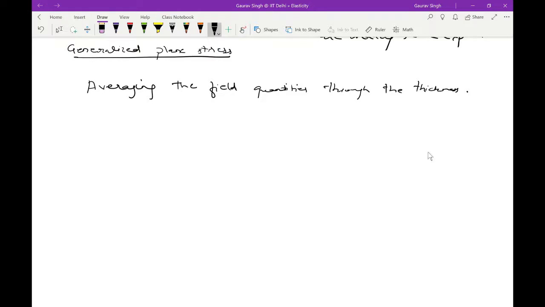Very simply, remember there were components which were dependent on the z component, like displacements and things like that which were dependent on z, which was inconsistent. So how do you remove that dependence on z?